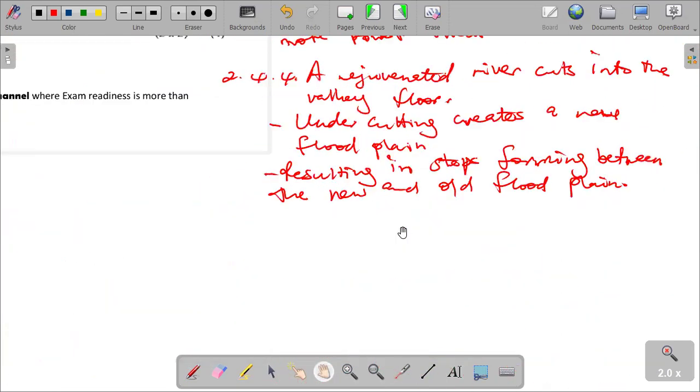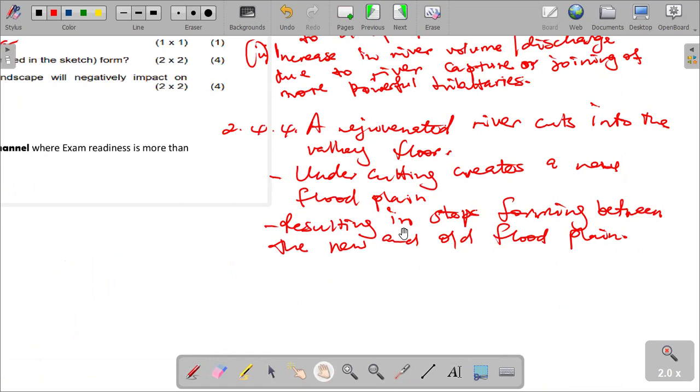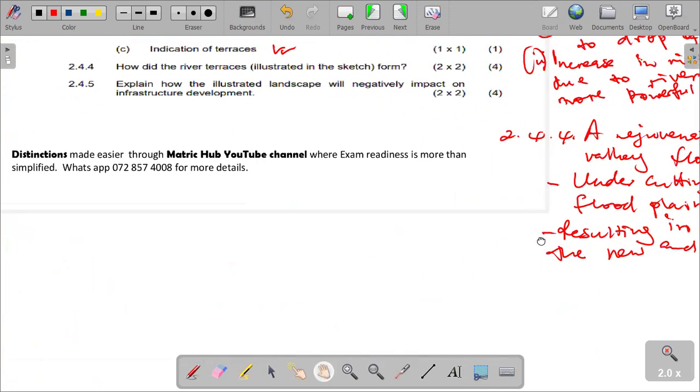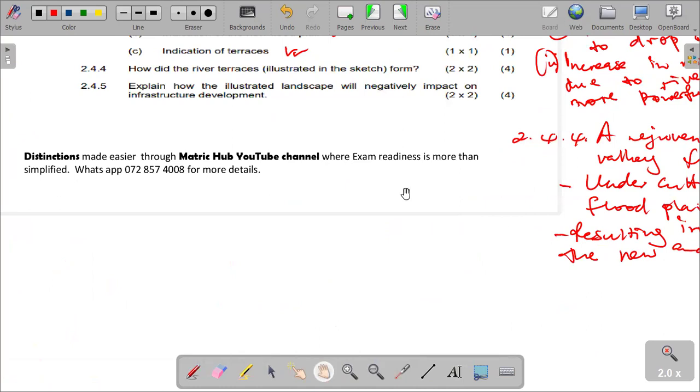The forming of the steps is what you call rejuvenation, and it's what you call the terraces, which you can see as a replica or a resemblance of a stadium, where we have the high chairs and low chairs as they move up along the vertical dissection of the stadium, like that.